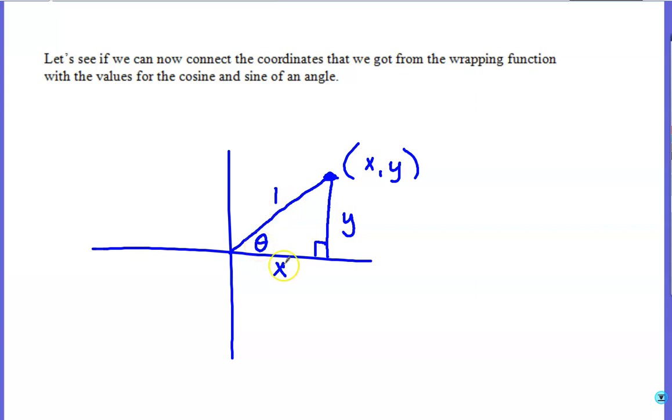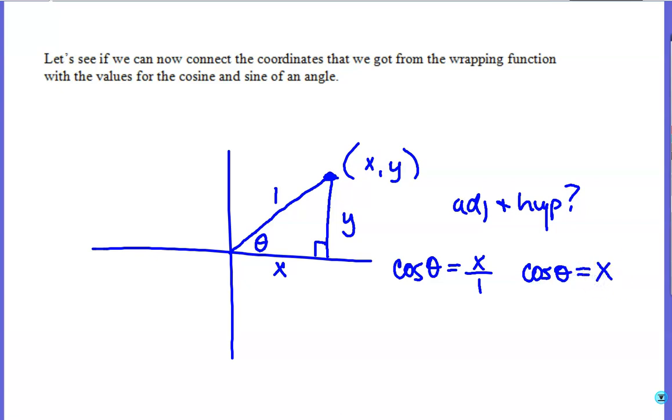Well, one is the hypotenuse and x is the adjacent side. So which one uses adjacent and hypotenuse? Cosine. So I could write cosine of my angle would be equal to the adjacent side over the hypotenuse, which, what? That means that cosine of theta is just x. What? That's great.